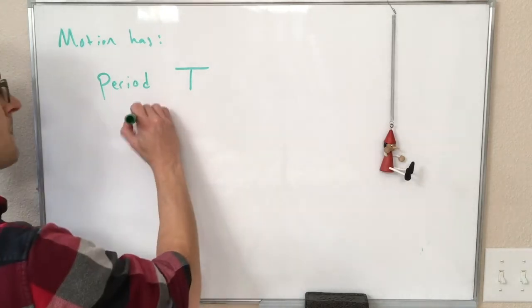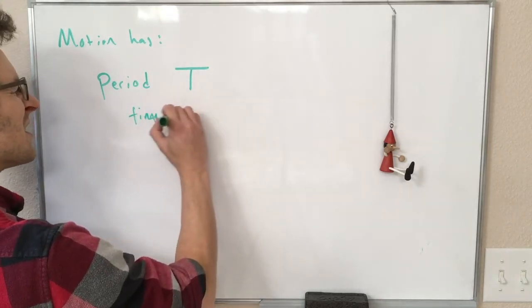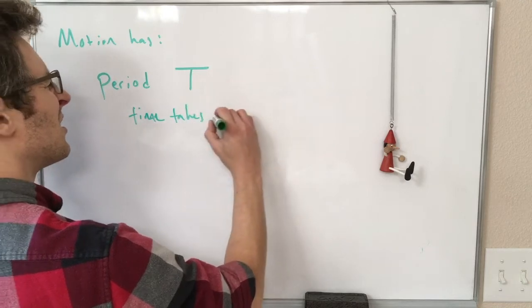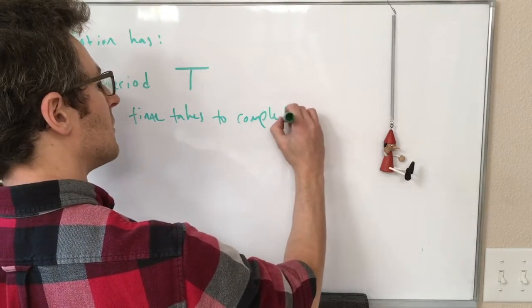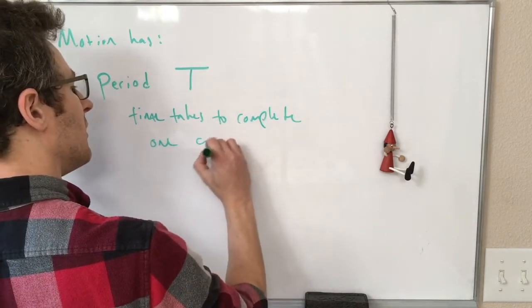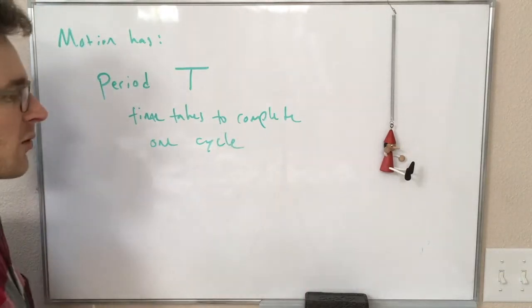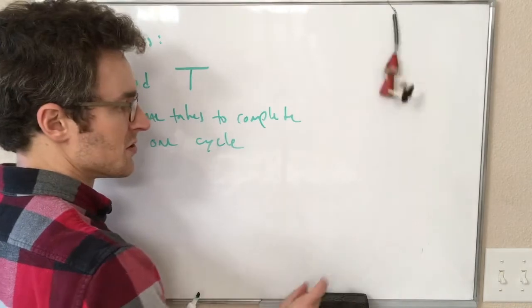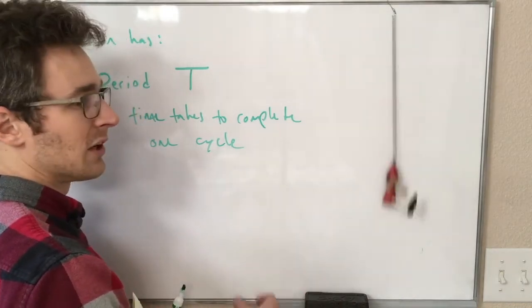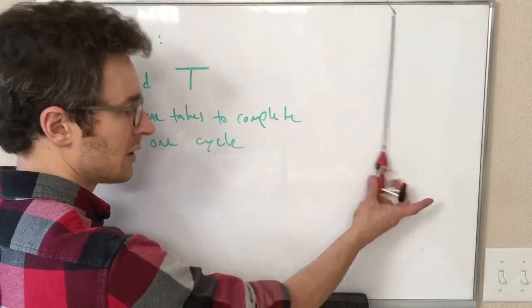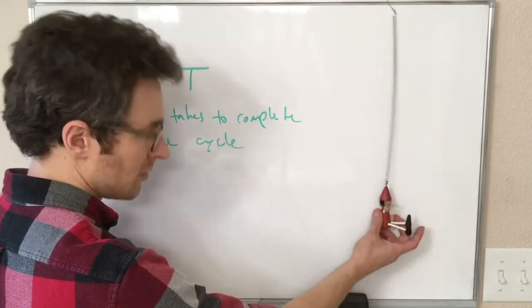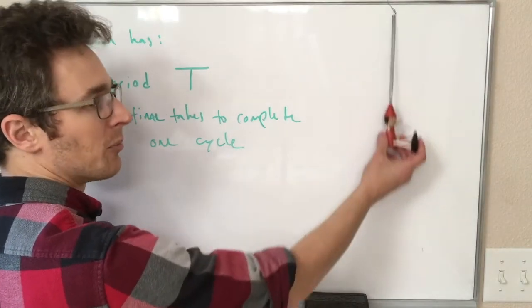So the period is the time it takes to complete one cycle of the motion, or one oscillation, however you want to call it. While this is bouncing up and down, one period is the time it takes it to go from here to here again, from the bottom up and down to the bottom.